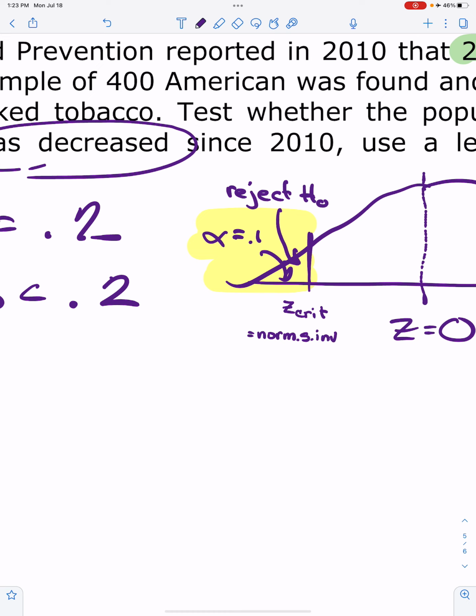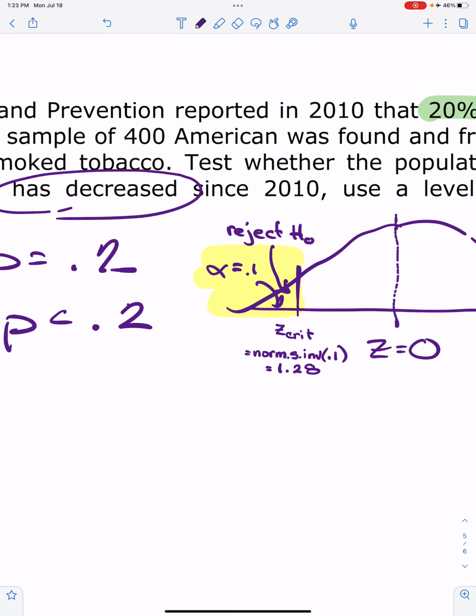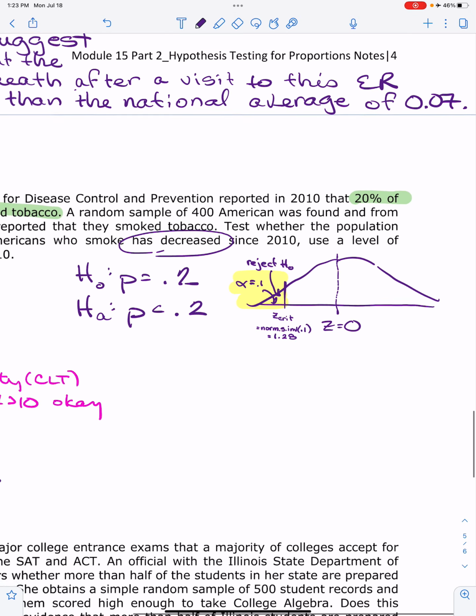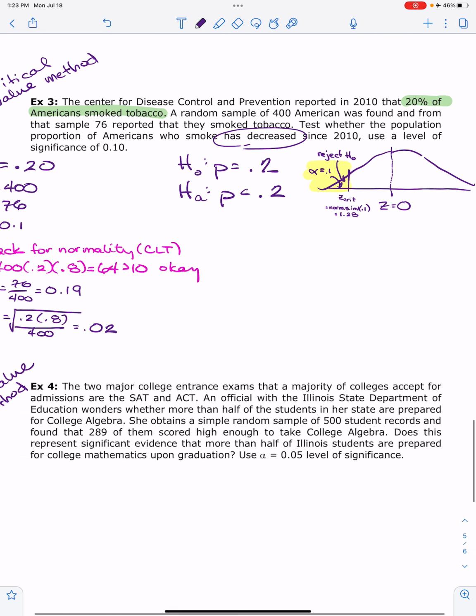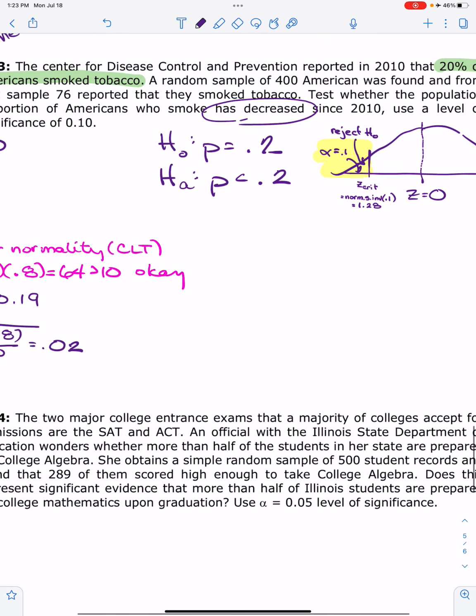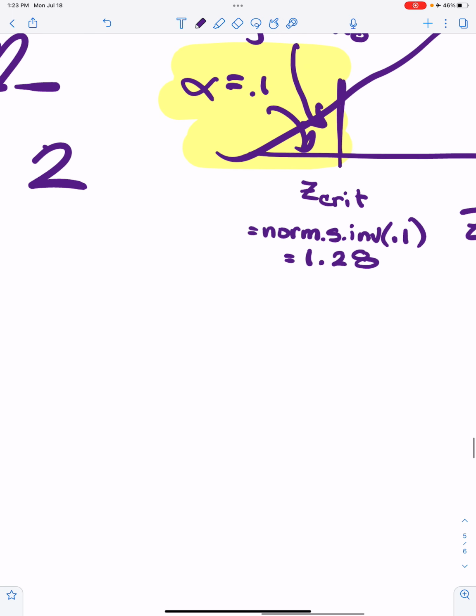Remember, S is that standardization. That means we're using the z-scores. I want to figure out what value cuts off that bottom 10%. I get a negative 1.28. So in order for me to reject H naught, my z data has to be smaller than negative 1.28. Negative 1.28. It's to the left here.